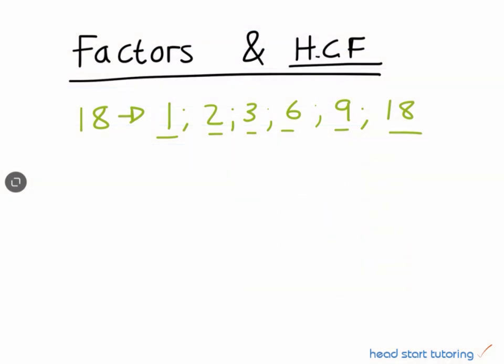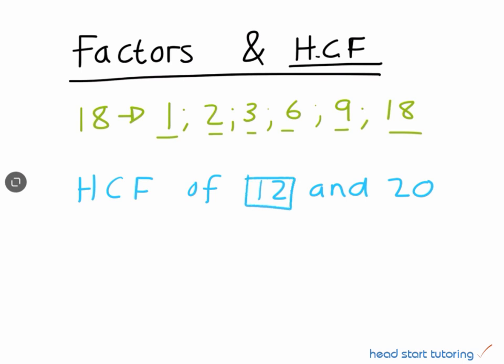If we are to look at the HCF, or the highest common factor of 12 and 20, we have a look at the smaller number, which is 12, and we list the factors of 12, which are 1, 2, 3, 4, 6, and 12.